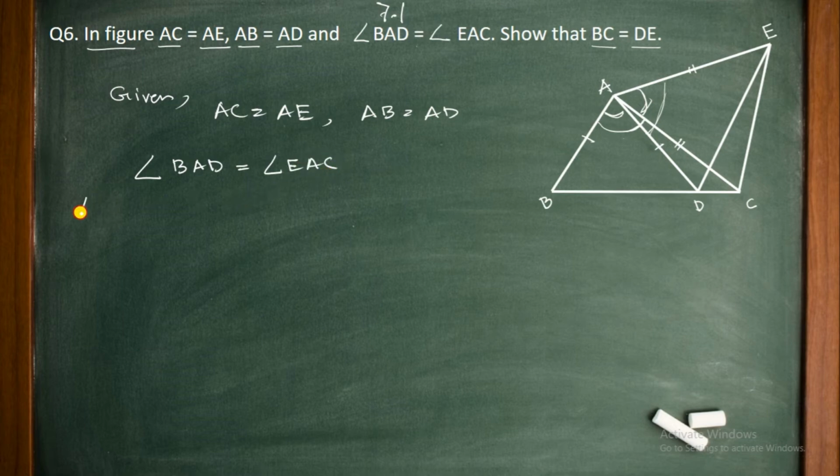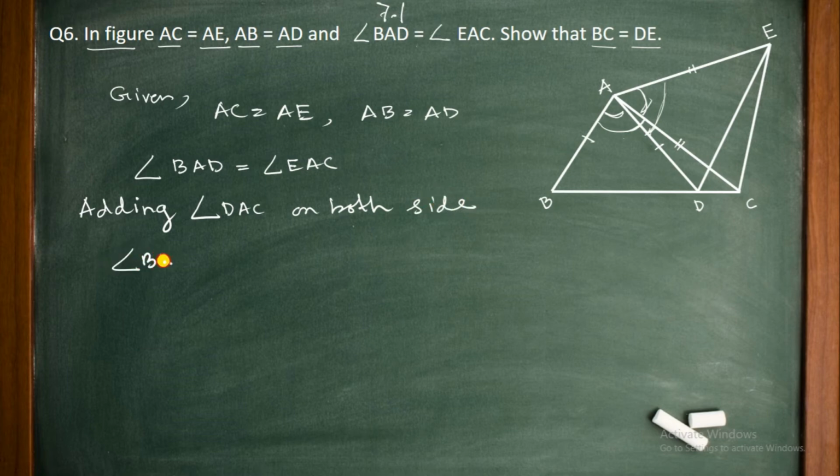So what we can do, we can add this angle DAC, this small angle, to both the angles. We can write here DAC on both sides. Then we find BAD plus angle DAC is equal to EAC plus angle DAC.